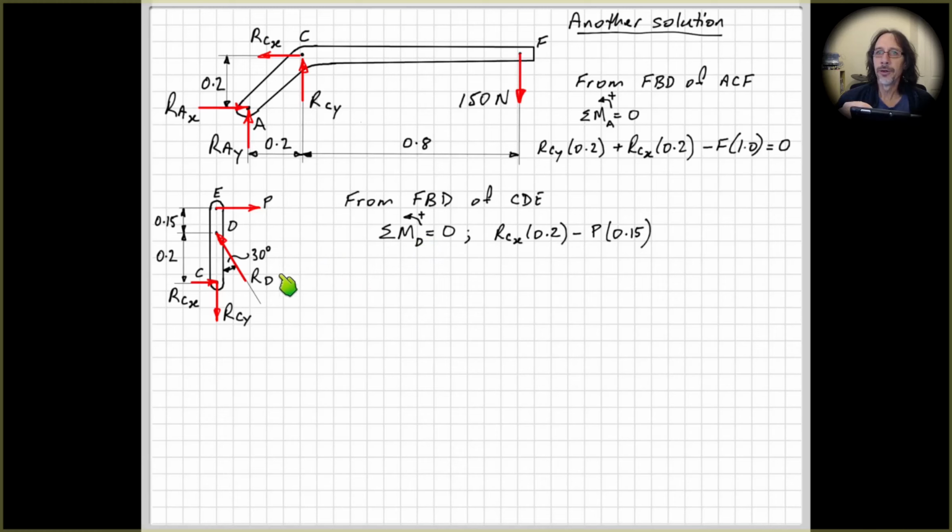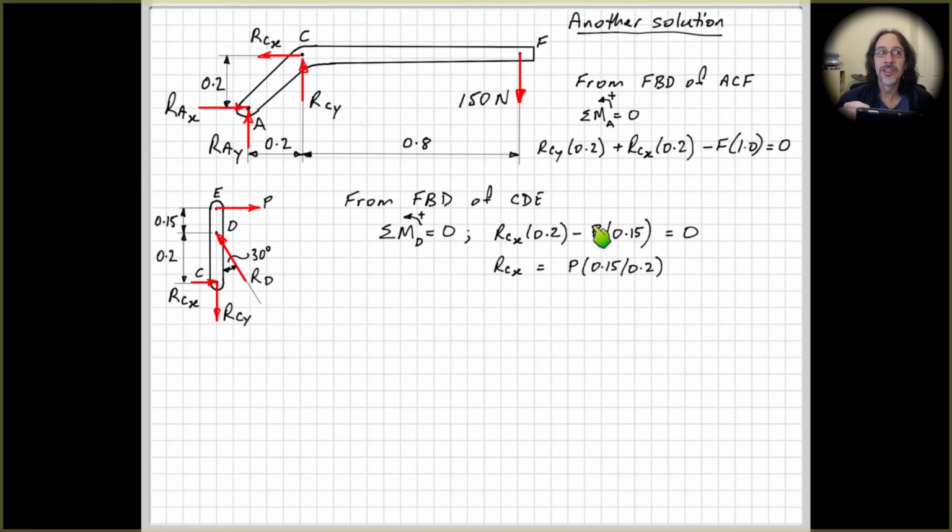So we dealt with RCX times 0.2. Then we look at P times 0.15, the perpendicular distance to D, tending to rotate clockwise, so that's negative. Everything else passes through point D, so we don't need to include any of those in our equation. Put that all equal to 0, and we end up with an equation that relates RCX to P.